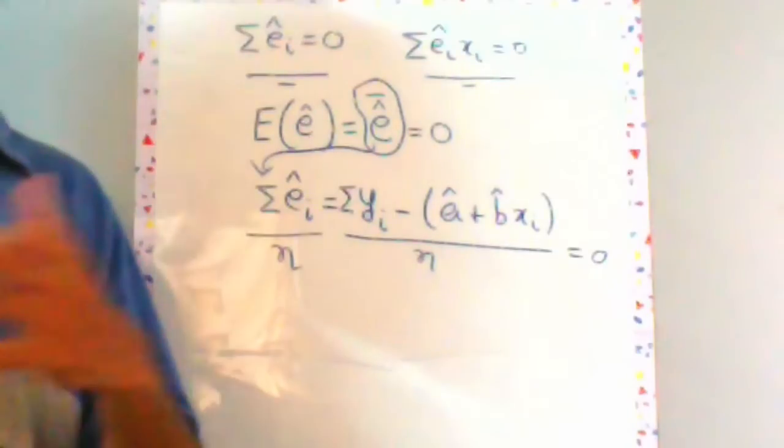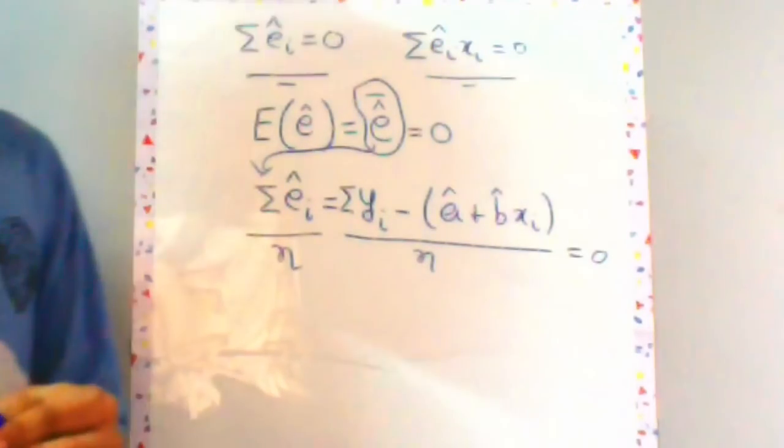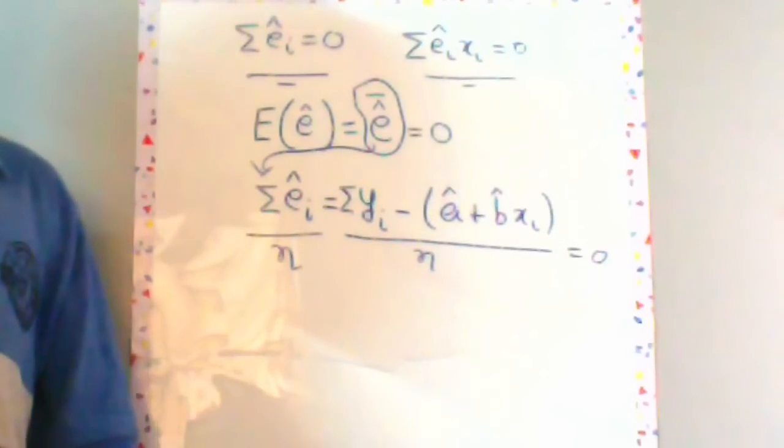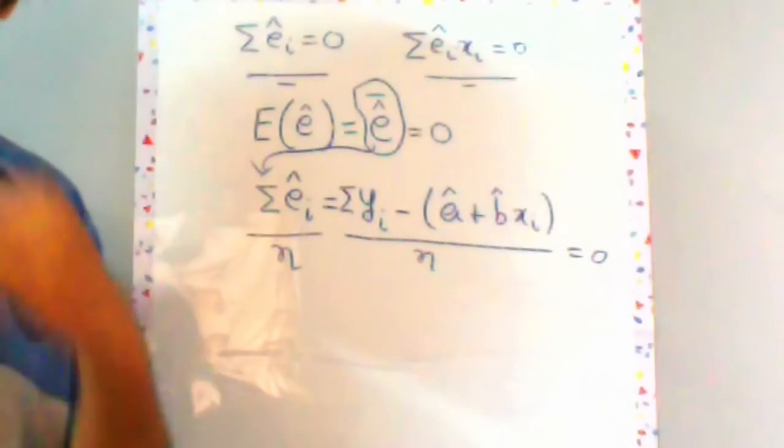And before we go to the next set of utilities, we need to estimate the values of A hat and B hat. So let's estimate the values of A hat and B hat.